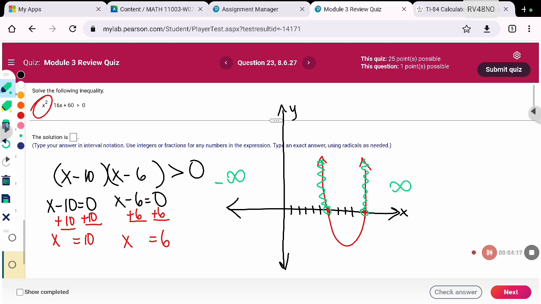So the first thing I'm going to do is start at negative infinity, and it is above the x-axis until it gets to 6. Then it goes below for a little bit, and then in union with, when it starts to be above again, it is at 10. And it stays above forever to infinity.